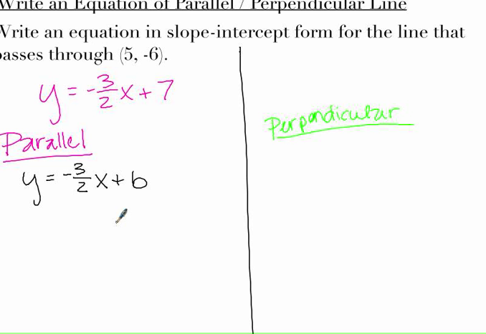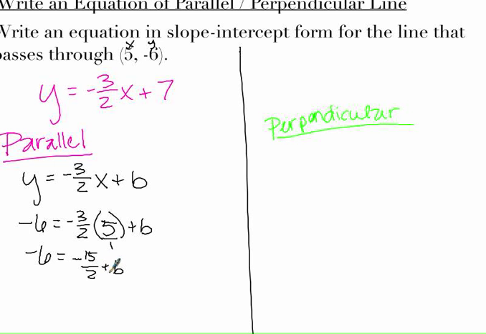So in this, I can go ahead and substitute my x and y values. I know that's my x, that's my y. So I've got -6 equals -3/2 times 5 plus b. So -6 is equal to, and we can put this over 1 if we want to, -15/2 plus b.